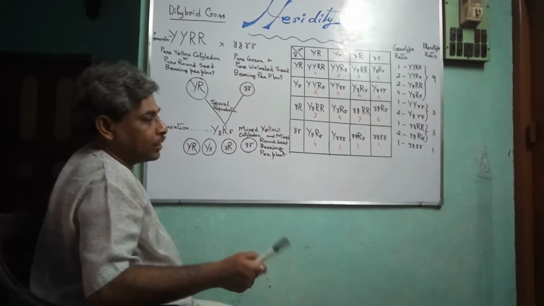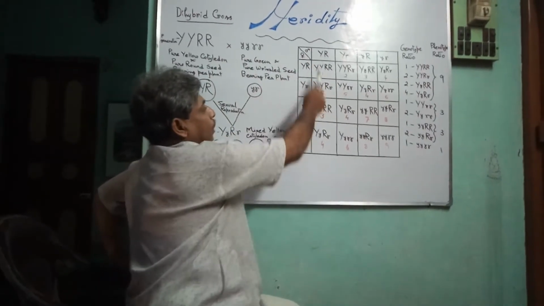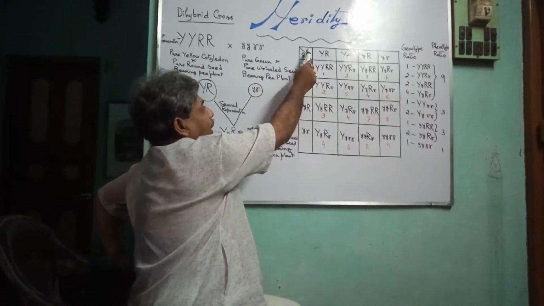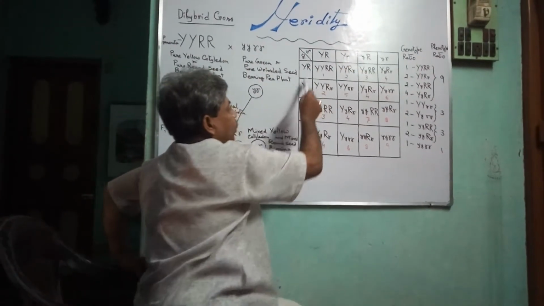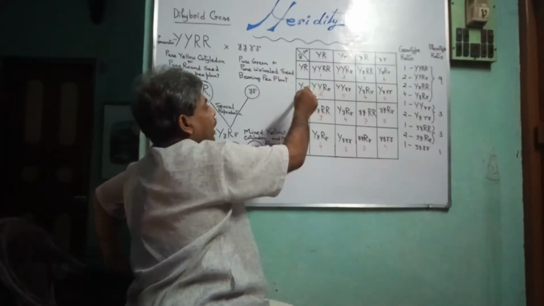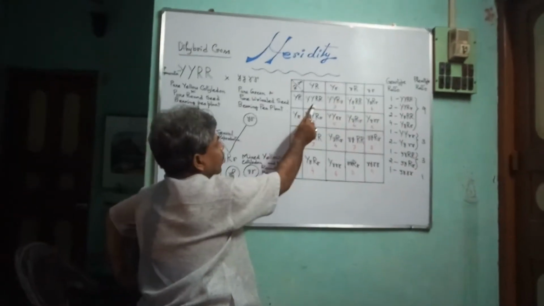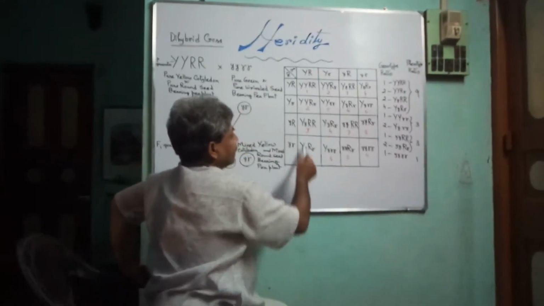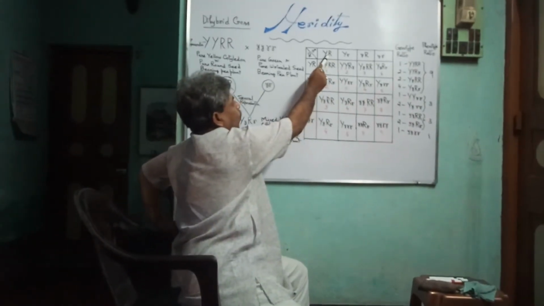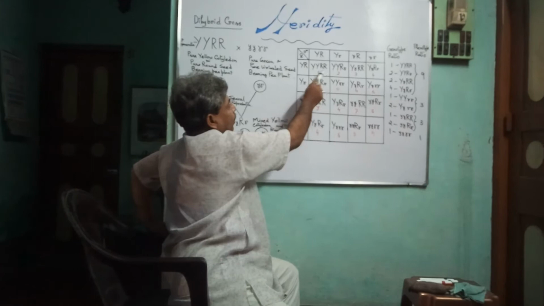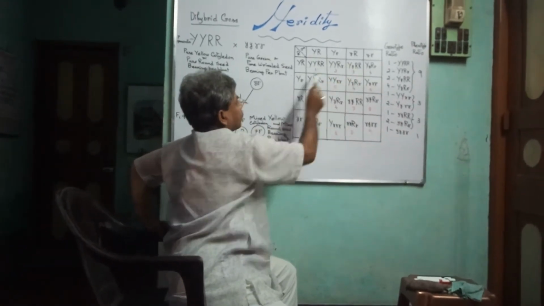As it was seen, the male and female pea plants were symbolized like this, and from each pea plant 4 types of gametes are produced. These gametes will get combined by sexual reproduction to produce these 16 individuals, and taking the row and column, we produce the individuals respectively.